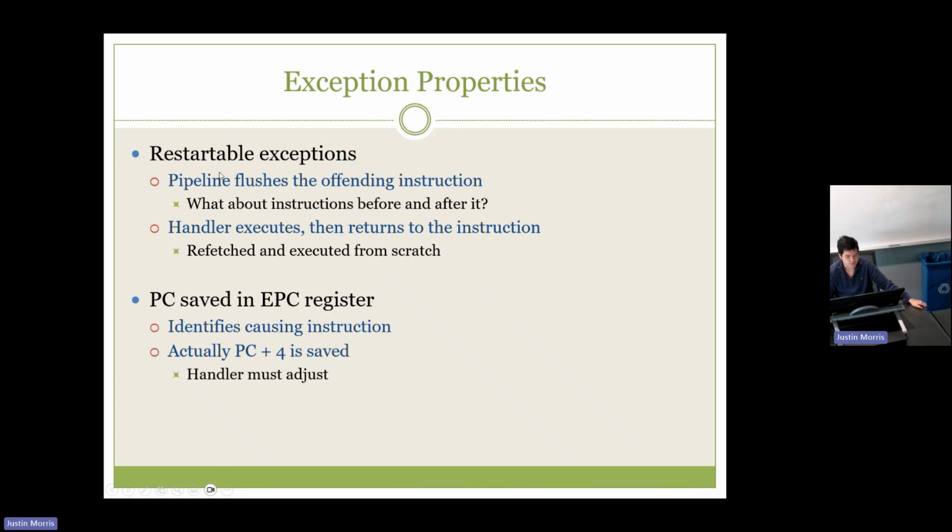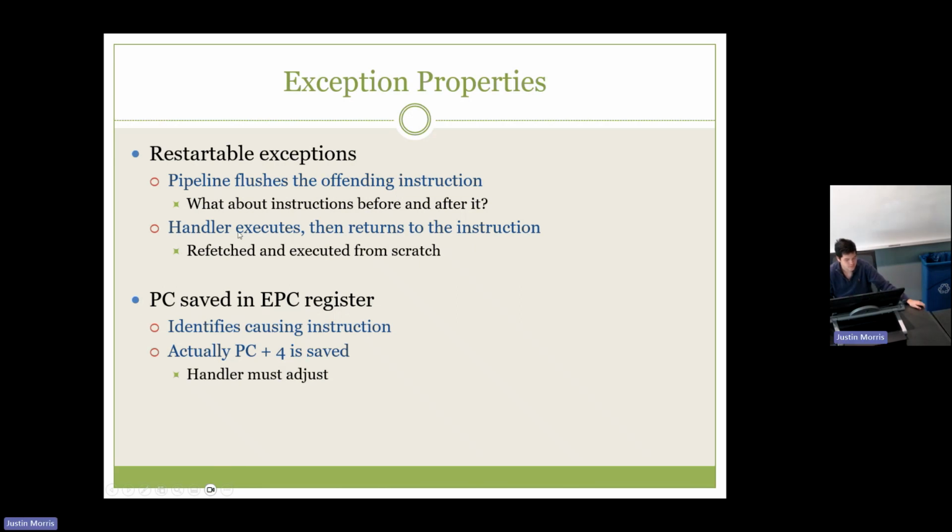Okay. So for the restartable exceptions, we are going to flush the offending instruction and all of the instructions after it. But the instructions that are before it, we don't need to flush those, right? They didn't have an exception, and the exception didn't occur until after they were already being finished executing.